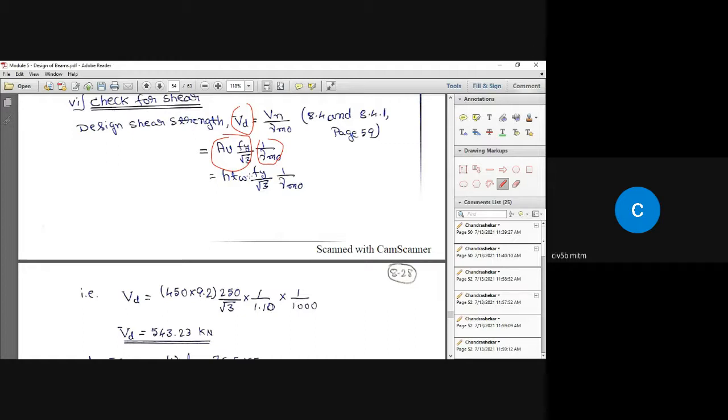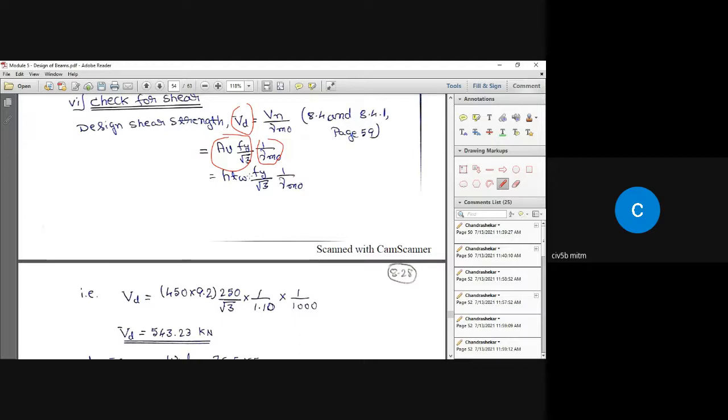So what is AV? AV is the shear area, that is equal to the thickness of the web multiplied by the overall depth of the beam, that is H multiplied by TW, where H is the total depth. H is represented in two ways in the code book.